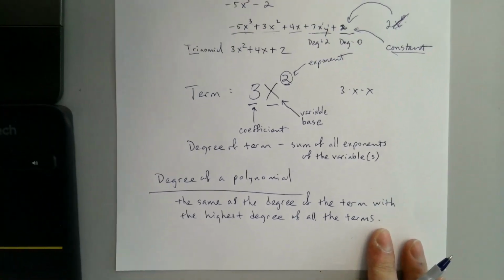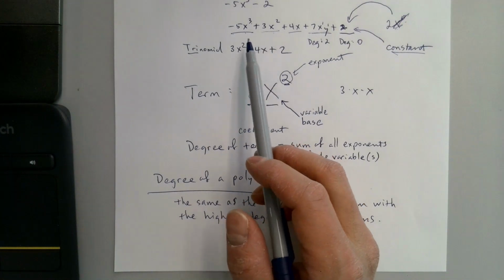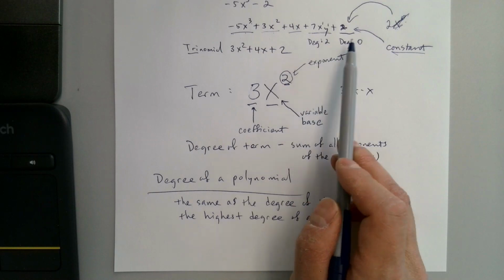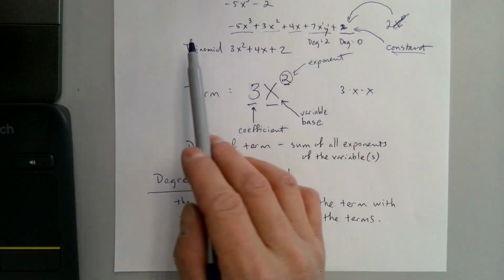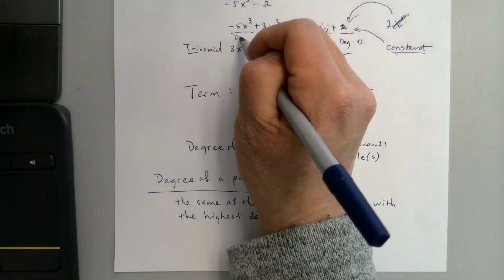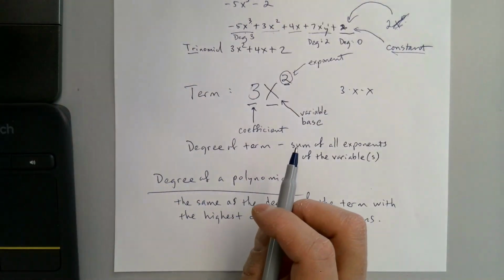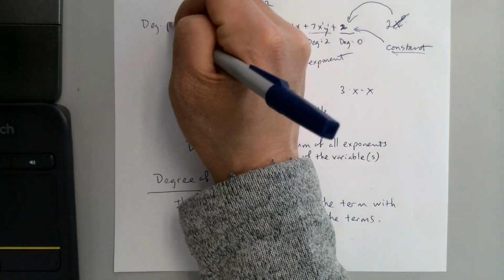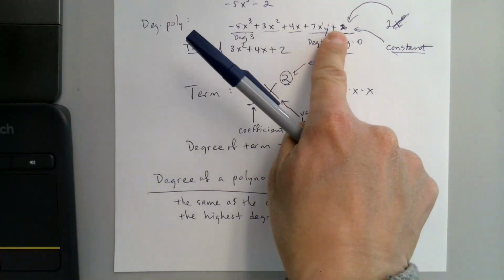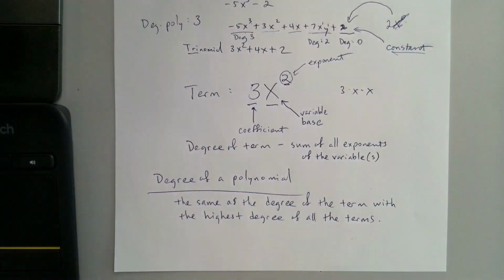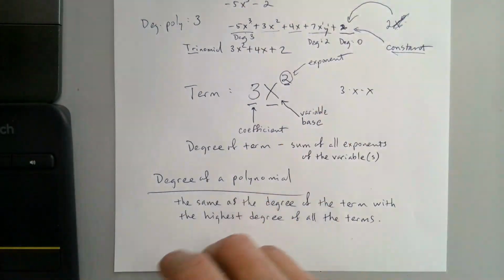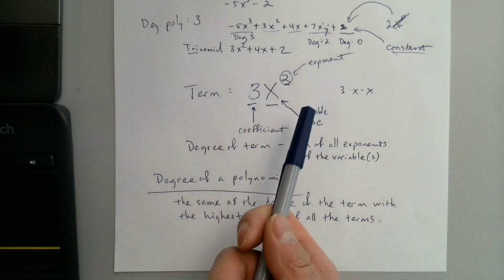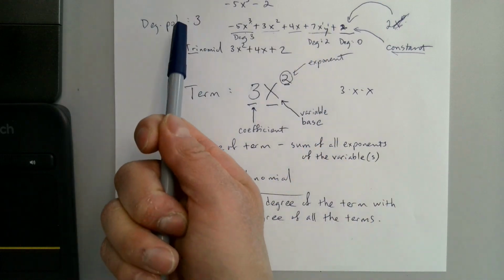So back to our long polynomial. First, I identify the degree of every term. 3, 2, 1, 2, 0. The highest degree out of all those terms was the degree of the first one. The degree was 3. Therefore, the degree of this polynomial is 3. So the degree of the polynomial takes on the same degree of whichever term had the highest degree. You just take that degree and make it the polynomial's degree.